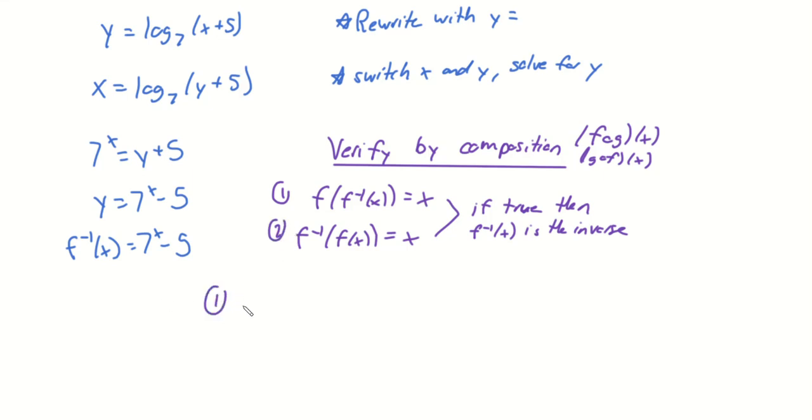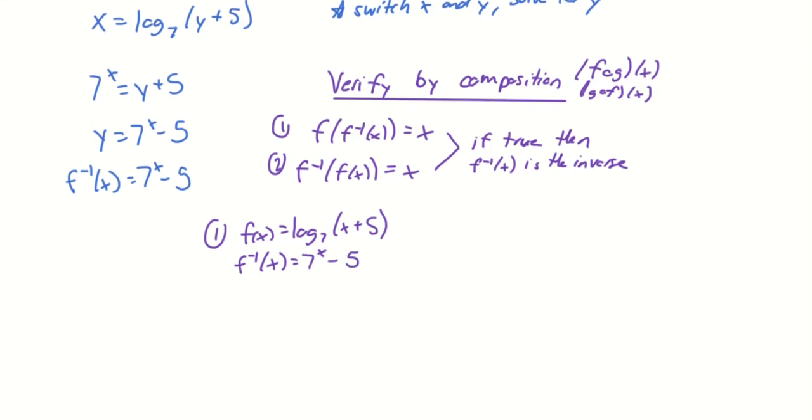So I'm going to write my functions again. f of x was log base 7 of x plus 5, and my inverse was 7 to the x minus 5. So those are my two functions. Mark wants to do the first one. So we have f of f inverse of x. Does that equal x? That is the question. So I'm going to start with my inverse.